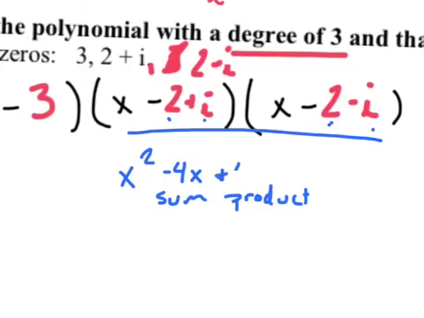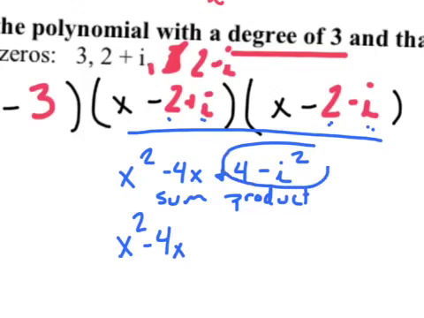That'd be positive 4. And i times negative i would be negative i squared. When I simplify, it's going to give me x squared minus 4x. 4 minus i squared is like 4 minus negative 1, so that's going to be 5.